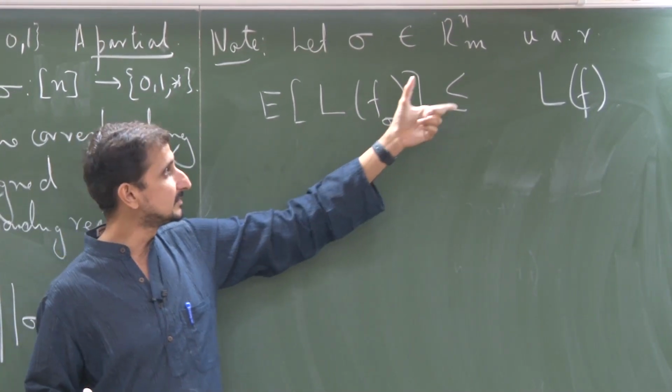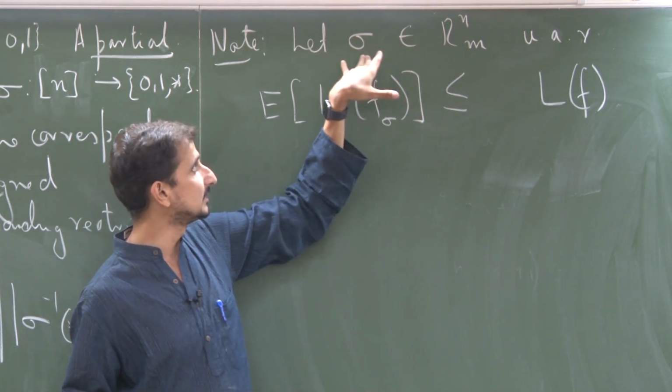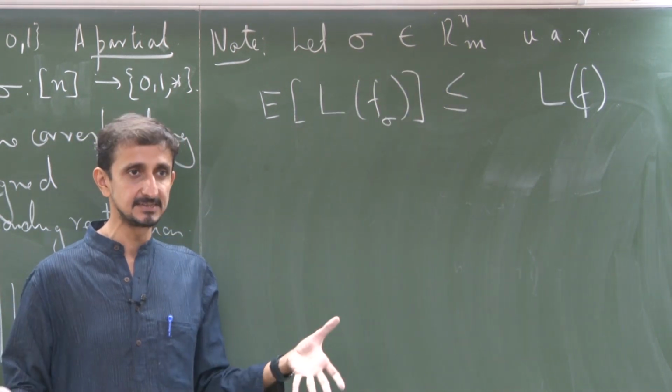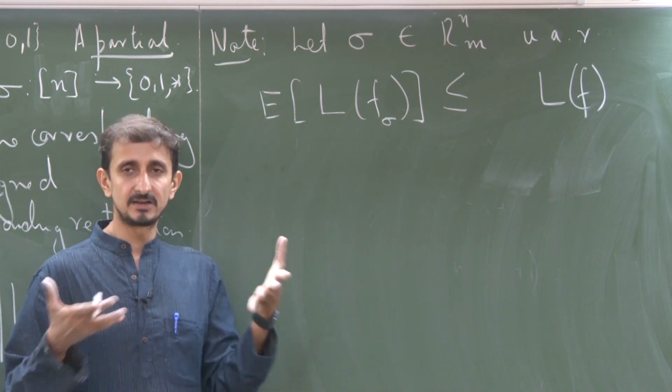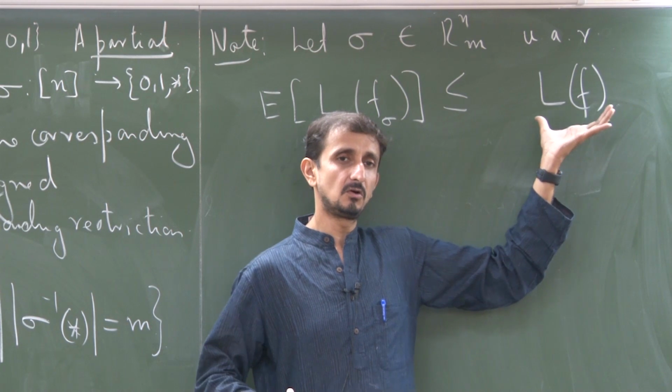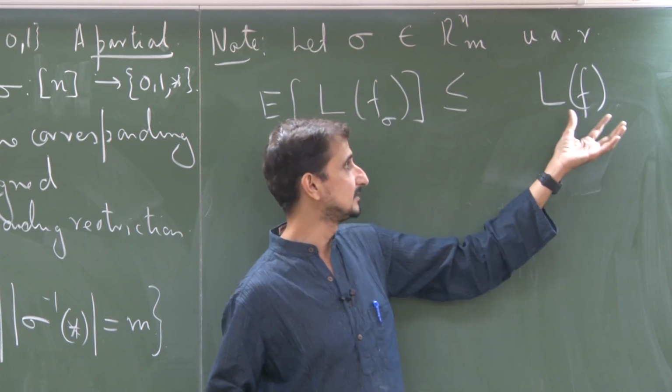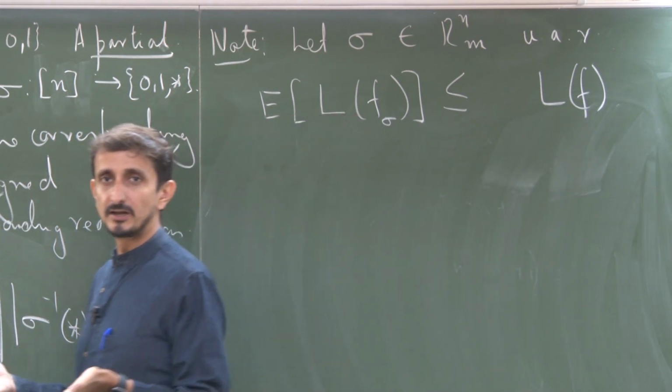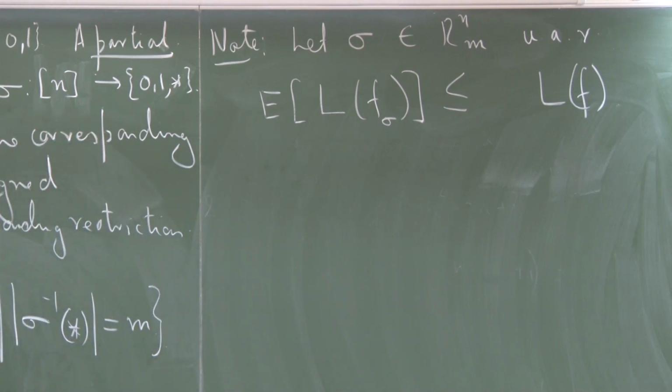Because sigma is randomly chosen, I can look at the expected size, the average, and compare it with the size of the formula f, or the leaf size of f. How much should it be?